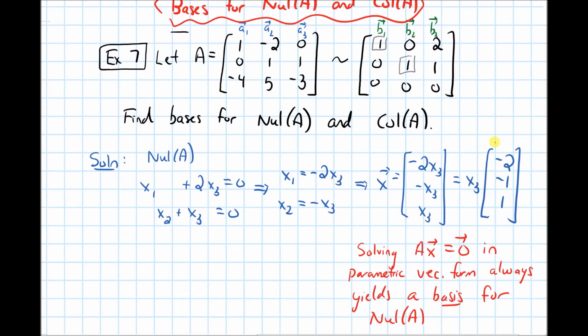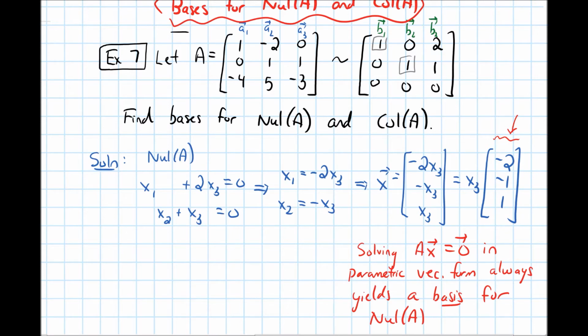So the vectors that sort of pop out of this, they're definitely going to span the null space, because the way this is written, this is talking about all linear combinations of these vectors. And these vectors that sort of pop out, in front of these free variables, they're going to be linearly independent. And we commented on that in the previous section about why they're linearly independent.